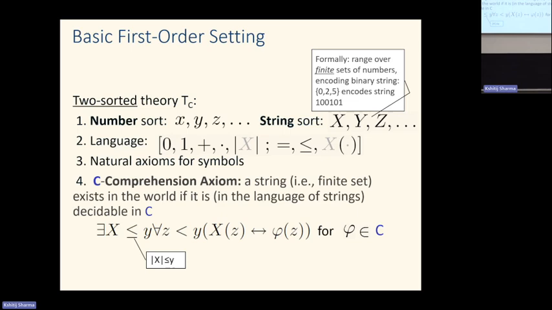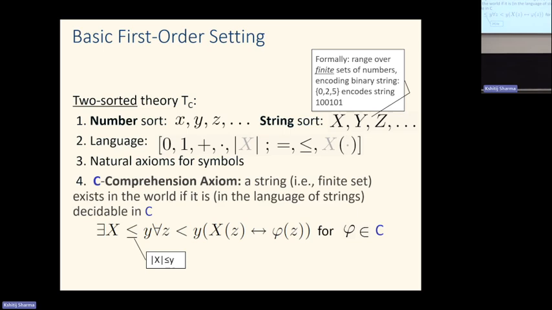Then you have the following comprehension axiom. It says that a finite set exists in the world if it is decidable in C, in the language of strings. Don't read the plain English, but this is quite a simple axiom.